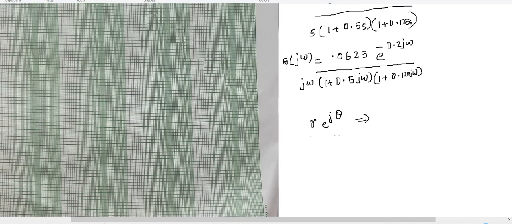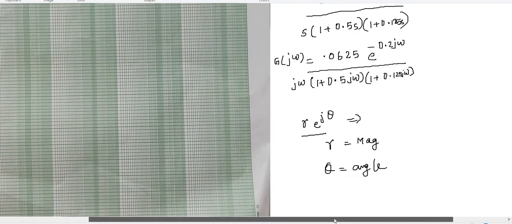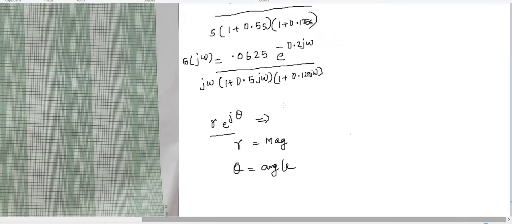The magnitude of this part is equal to r, and the angle of the above term is theta. In a similar case we can write e^(-0.2 j omega). So the next step is to write the magnitude and angle of G(j omega).